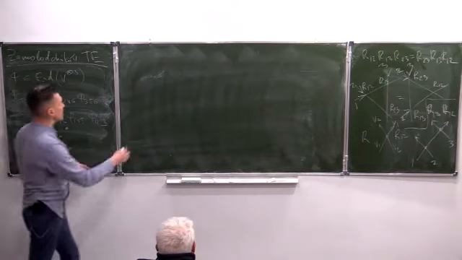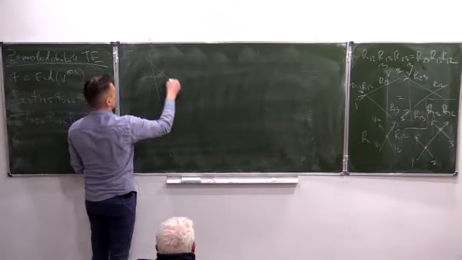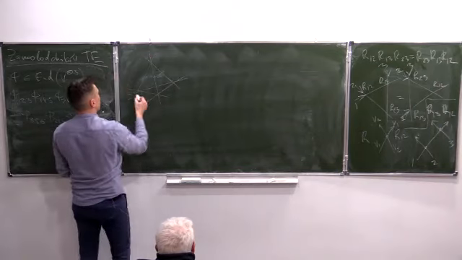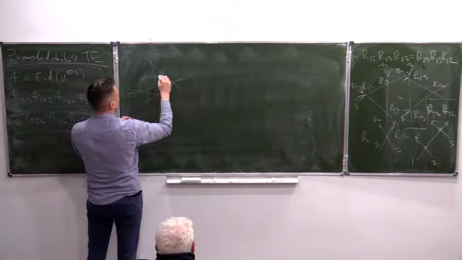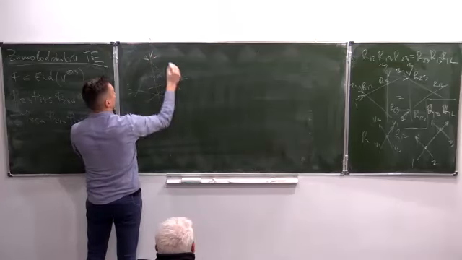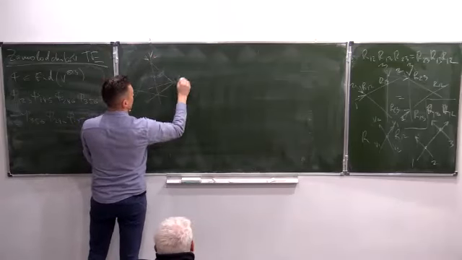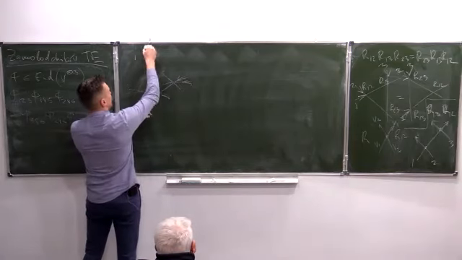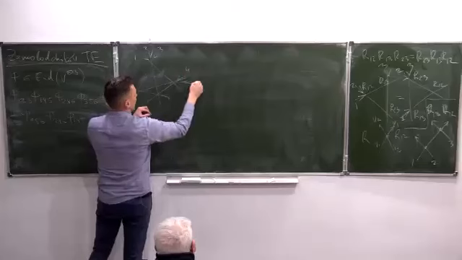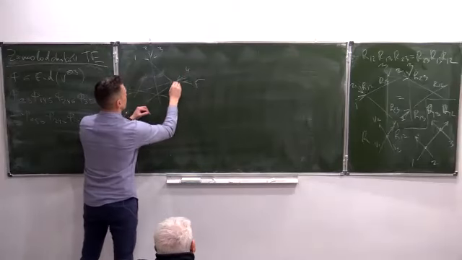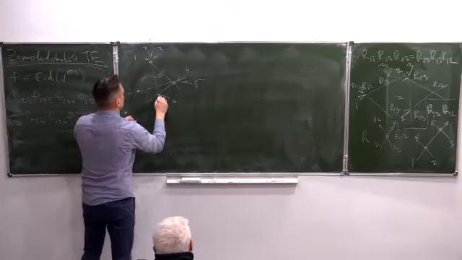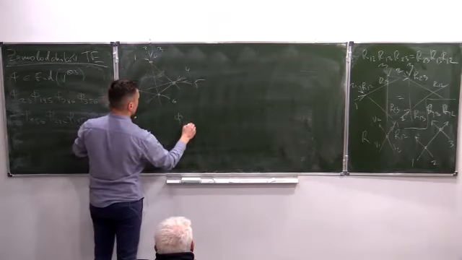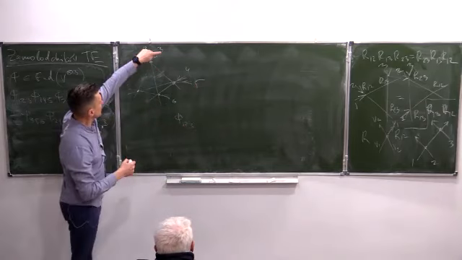The good way to encode this picture is the tetrahedron, with oriented lines. There are 6 lines here: 1, 2, 3, 4, 5, 6. And this picture corresponds to the following product of operators: 1, 3, 5, 1, 2, 3 here.